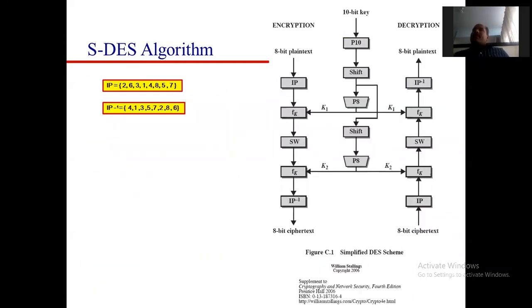So I will provide 2 minutes' time here. So you all take the diagram here. This is very important.